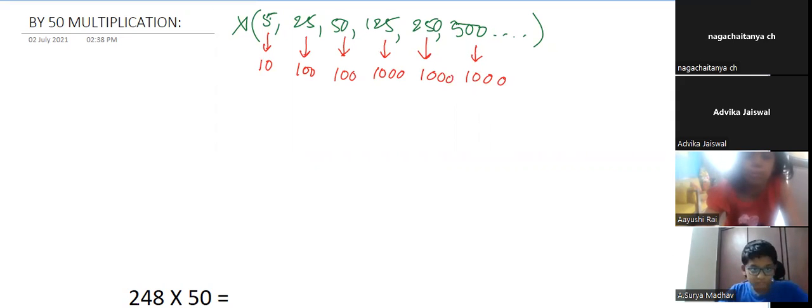See here, 5 becomes 10, so what is the multiplication factor?